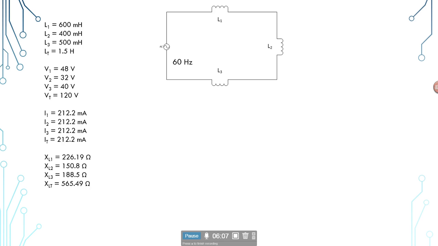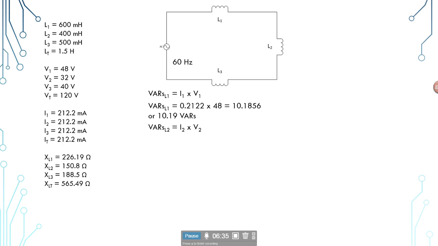And now to find our VARs. If you'll remember from the earlier lesson, VARs is also considered to be wattless power. And so VARs sub L1, using the power formula, VARs sub L1 is equal to I sub 1 times V sub 1, giving us 10.19 VARs at the first one.